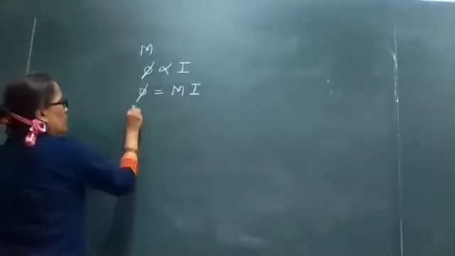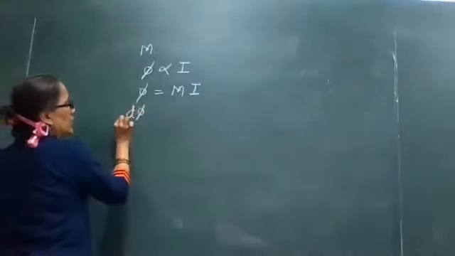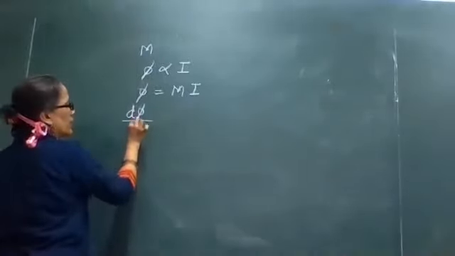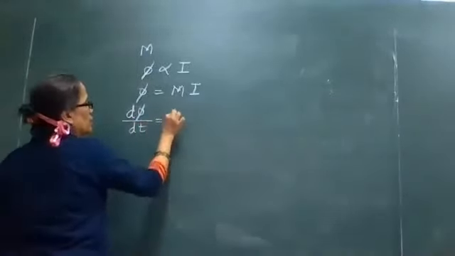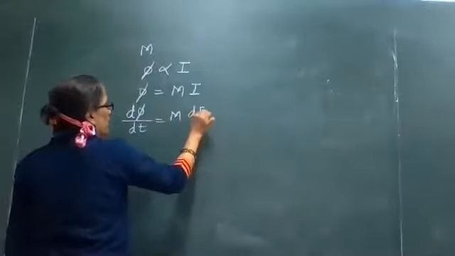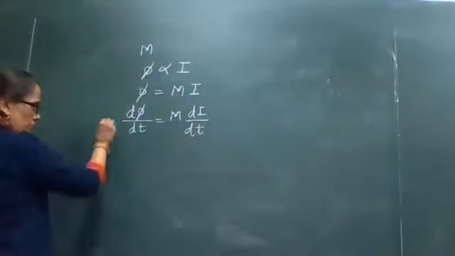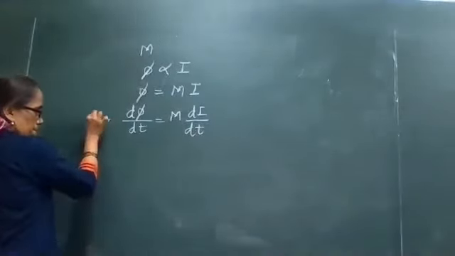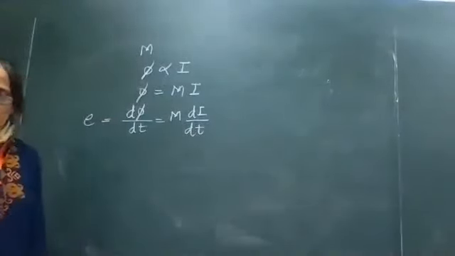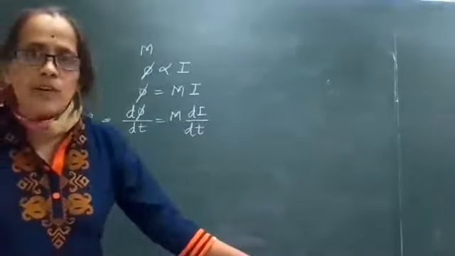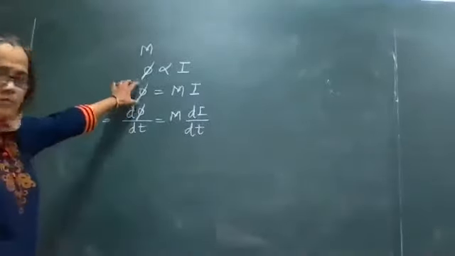I have to differentiate: change in flux per unit time is equal to M di by dt. This is your EMF. I want to find only change in flux, means I want to find out d phi.